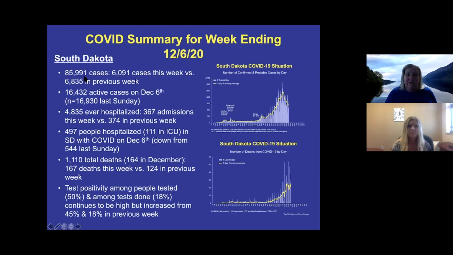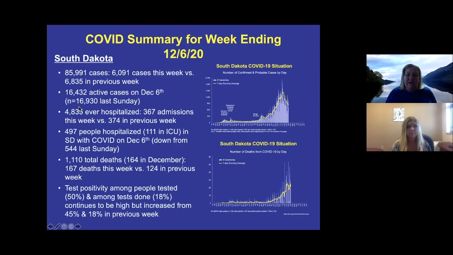We have 85, close to 86,000 cases, and 6,000 cases this week, not quite the same, 6,800 cases in the previous week. There were 16,000 active cases on December 6th, and this compares to 16,930 last Sunday.